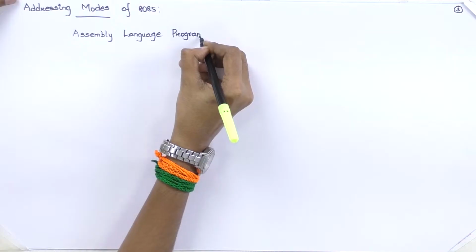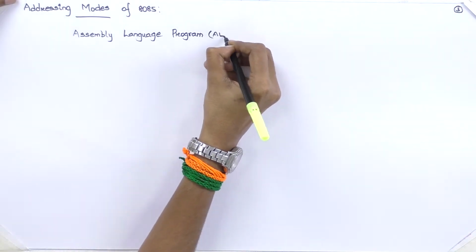If you want your processor to perform some functions, you have to write a program for it. The programming languages we use for advanced microprocessors would be C, C++ or other higher level languages. But for the 8085 microprocessor, we will use assembly language programs, which means assembly language instructions.